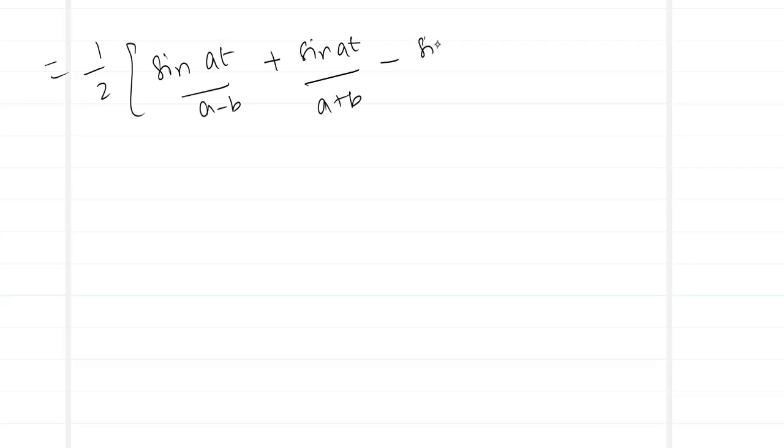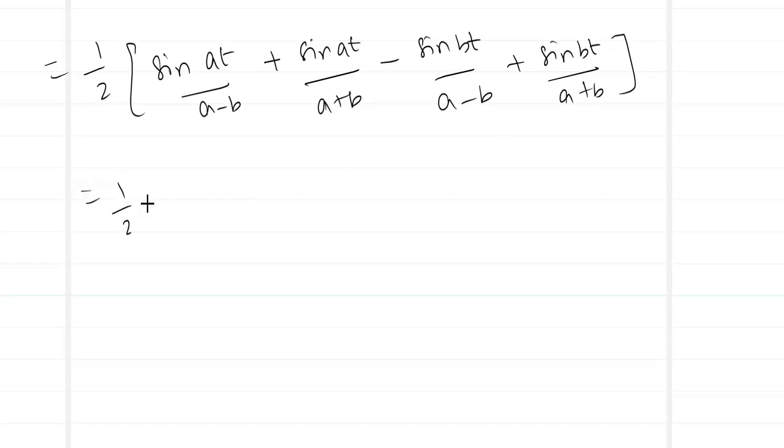The third term is sin bt divided by a minus b, and the last term is sin bt divided by a plus b. You can leave it as such, or you can go one more step ahead and simplify: a plus b into a minus b makes it a square minus b square.